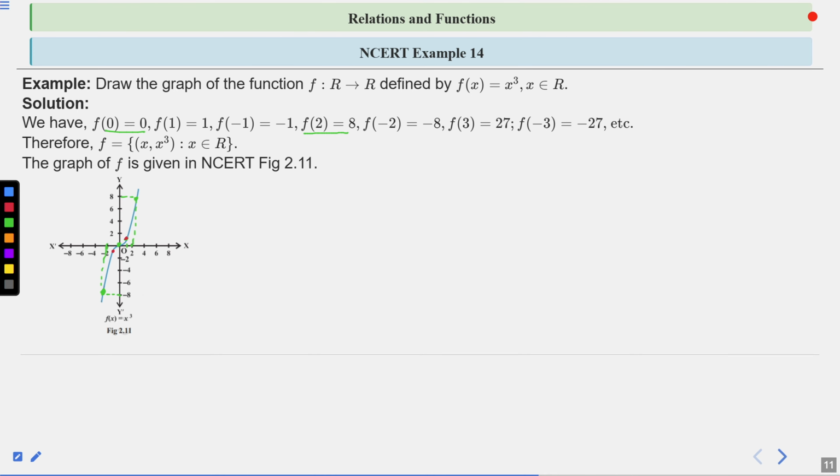Is it clear how we are getting my x cube graph? Anybody having any doubt? How we are getting this graph? We just plotted our coordinates or ordered pairs. If you plot more ordered pairs, more points, the graph will be more accurate.